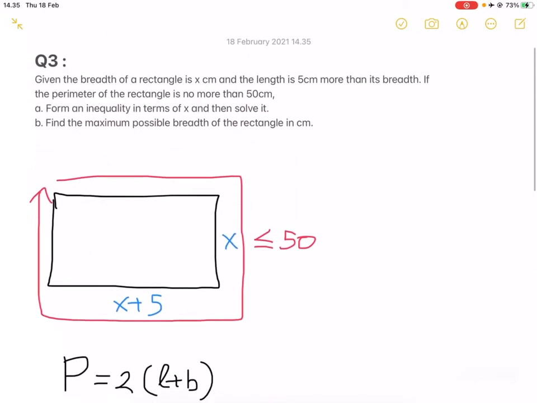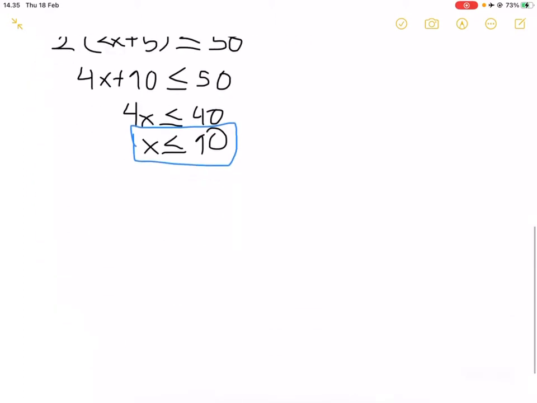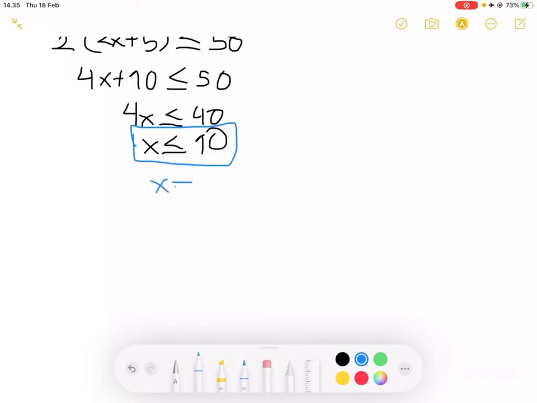And find the maximum possible breadth of the rectangle. Well, it's not that hard to see that the maximum possible breadth is just 10, because 10 is the greatest possible value of x, and we already know that x is the breadth.